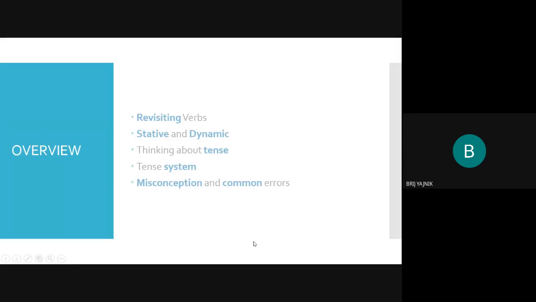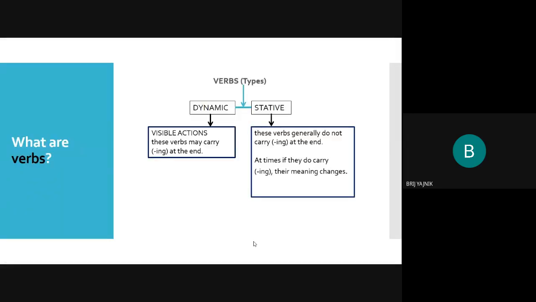So we discussed in the previous session about verbs, and we even started discussion on tenses. But let me come back to verbs and discuss these two factors that we understood very well. We cannot add ing if they are stative verbs, and we can add ing if they are dynamic verbs. So we need to be very, very careful with respect to these two verbs when we are using them in sentence structure.